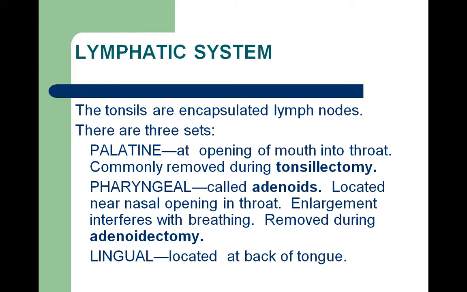So these indeed are lymph nodes, and when they swell, they're actually trapping some of the bacteria from the pharynx. Lymph nodes such as the tonsils and adenoids are only excised now when they become so painful or so large that the child or the person cannot eat.